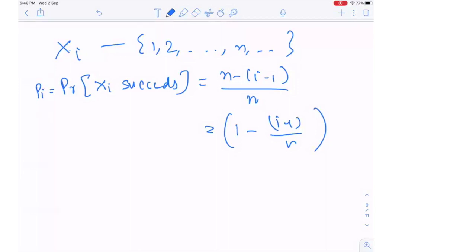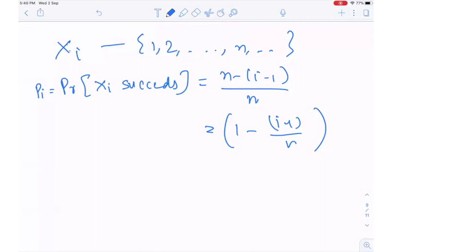Now, if I say xi will be 3, it means I failed in the first chance, I failed in the second chance, I succeeded in the third chance. So xi succeeds when it sees the ith coupon, right? What is the probability of succeeding in the first chance? Like this. What is the probability of succeeding in the second chance? Fail, success.